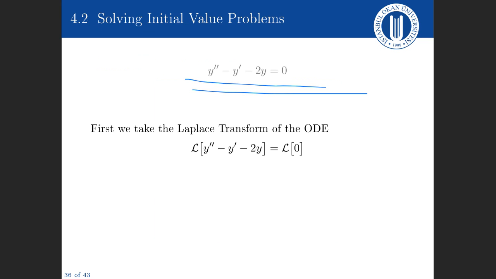So what do we do? We start with our differential equation, and we take the Laplace transform of this. The Laplace transform of the left side is equal to the Laplace transform of the right side.